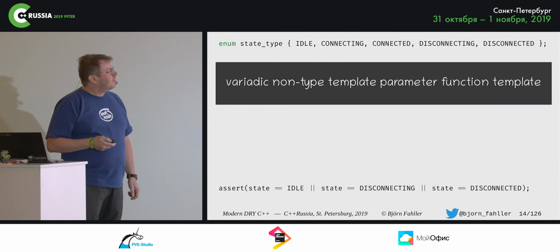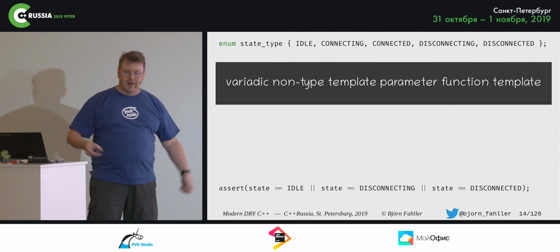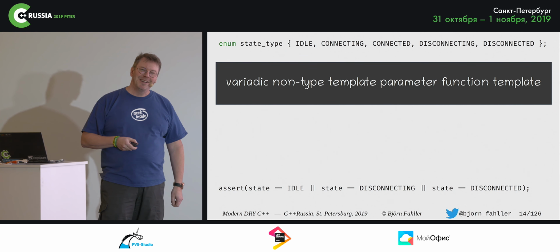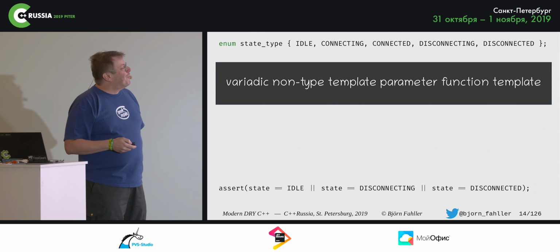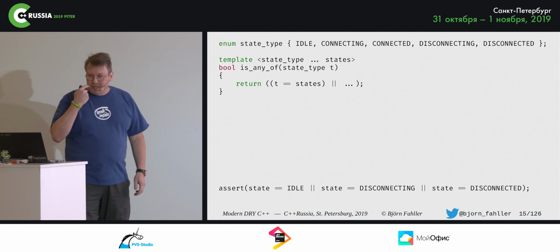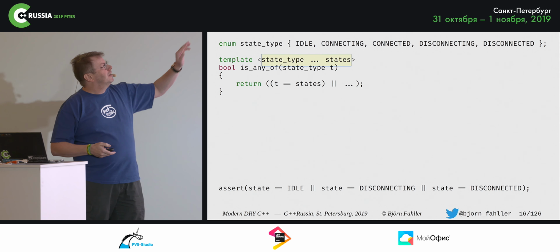A variadic non-type template parameter function template. Sneaking that into a conversation in the bar. It's quite a mouthful. What I mean is that we take template non-type parameters. That is what you have on top there.